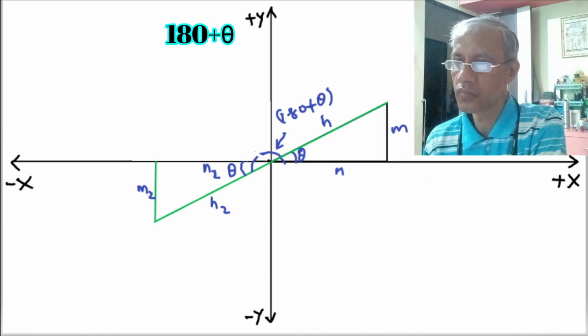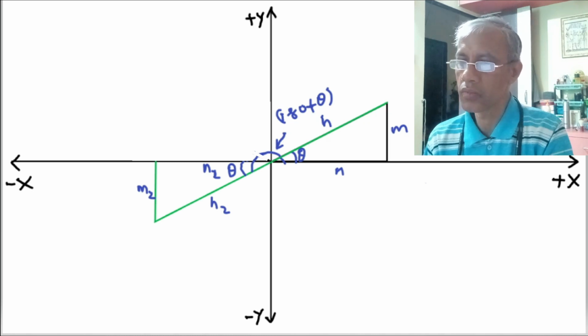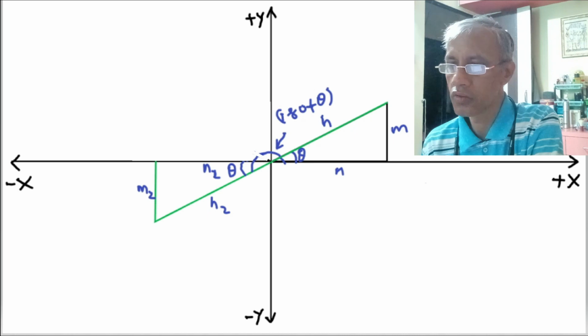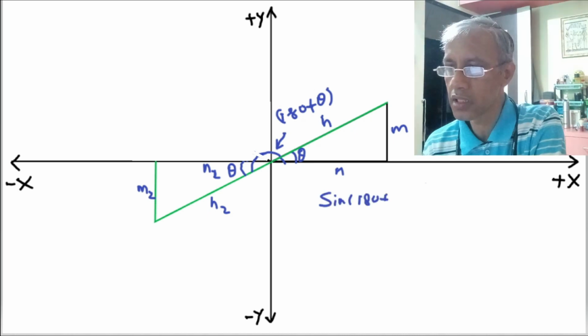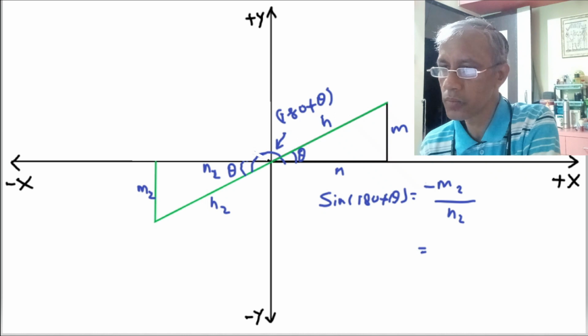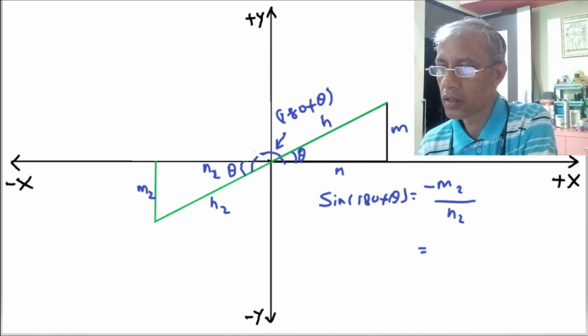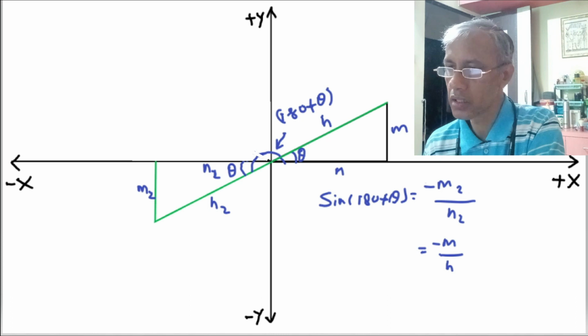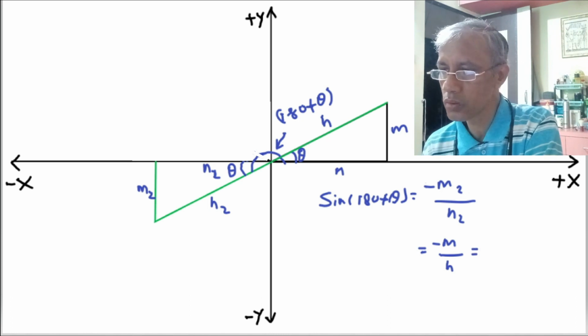For the triangle, after being rotated by 180 degrees from the original position, the new hypotenuse is h2. So sine of 180 plus theta will be equal to minus m2, which is proportional to minus m by h. So that would be equal to minus of sine theta.